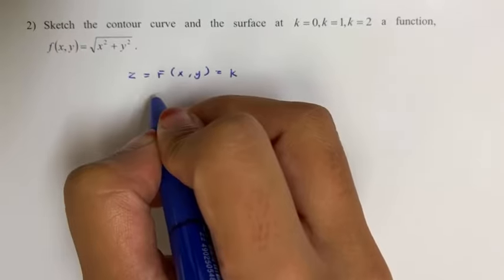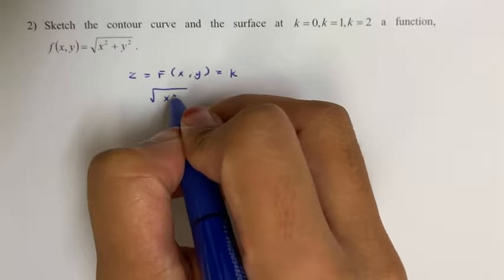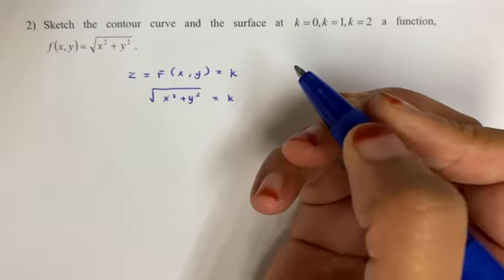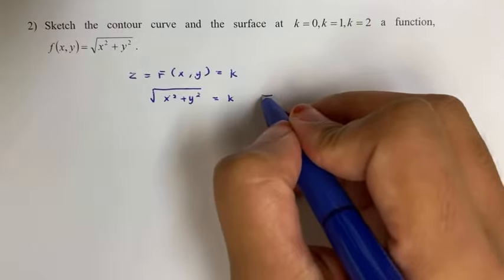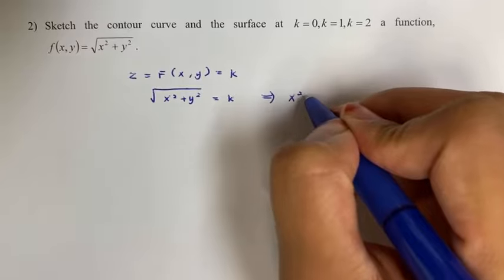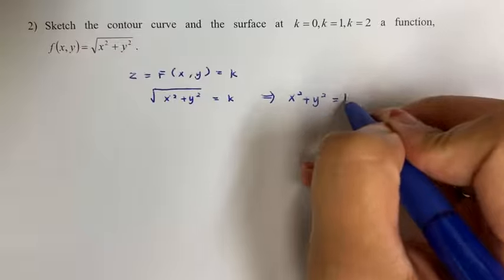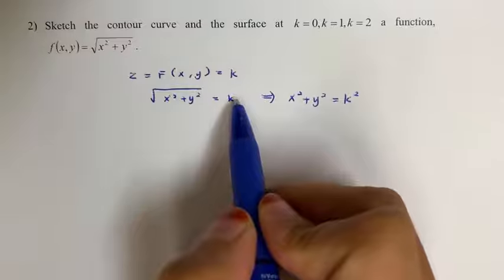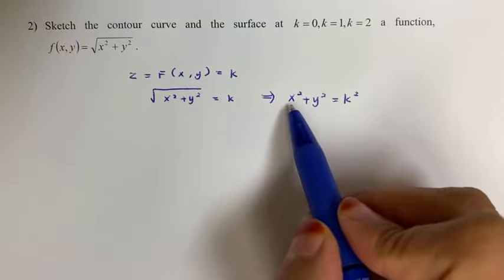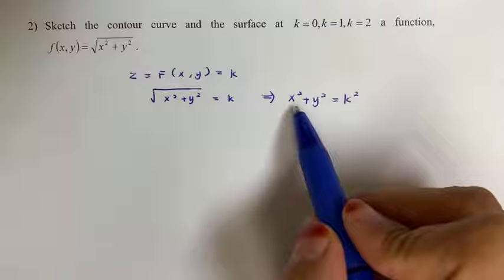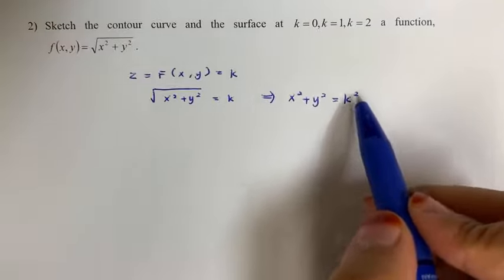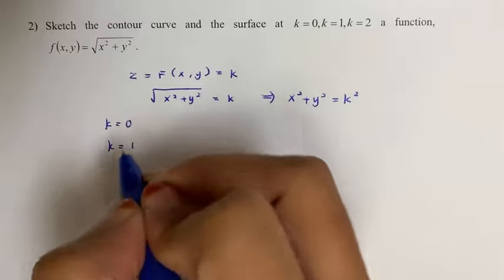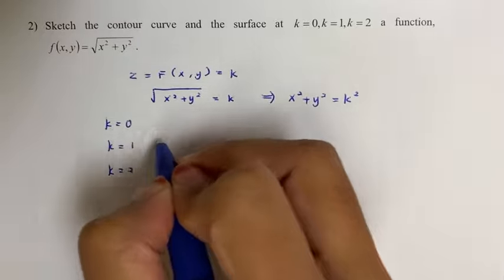Then substitute this, you have square root of x squared plus y squared equal to k. So this is x squared plus y squared equal to k squared when you move the square root to the right hand side. So you have the formula for a circle with radius k. So you have k equal to 0, k equal to 1, and k equal to 2.